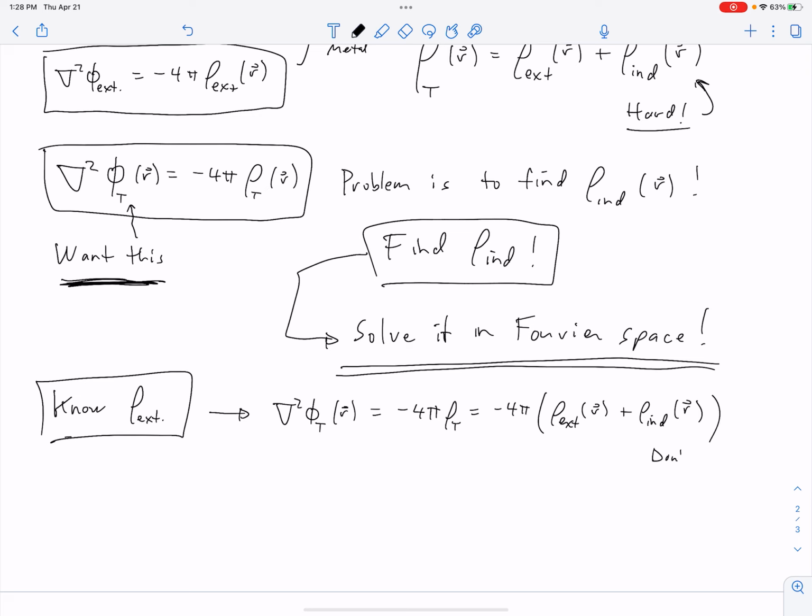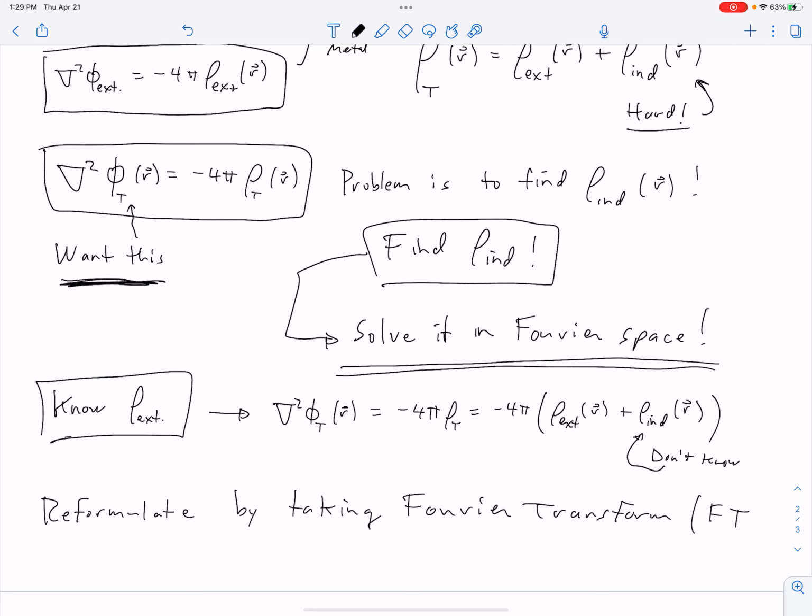And so what we want to do is reformulate the problem in Fourier space. The way we do that is by taking the Fourier transform of both sides. From now on, I'll just say FT for Fourier transform.